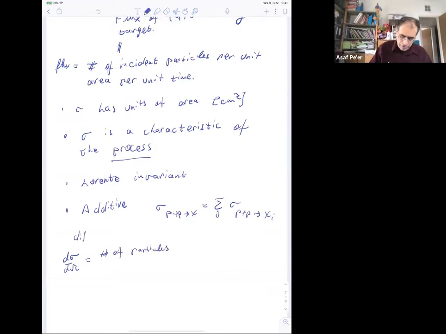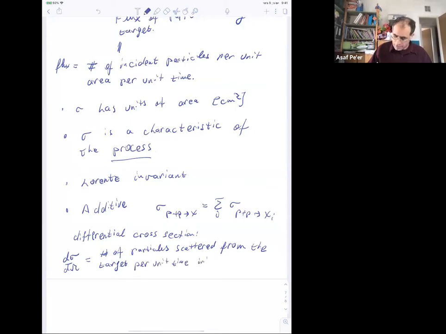This differential cross-section is the number of particles scattered from the target per unit time into solid angle d omega, divided by the flux of particles hitting the target, of course.